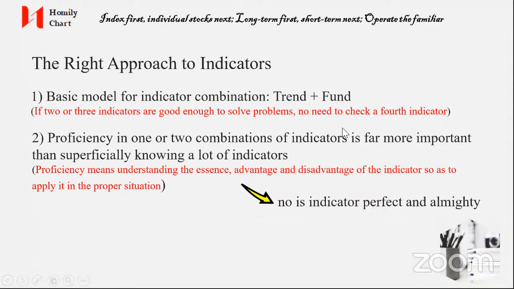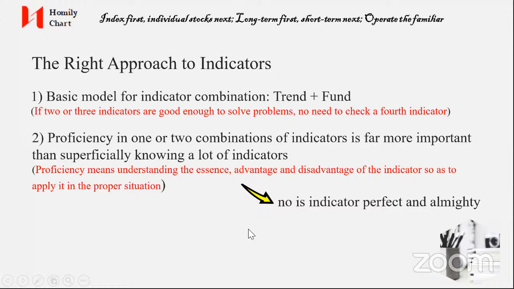So only if you can really know when is the best situation to apply the indicator, then we can say you really understand or you are really proficient in this indicator. Okay.